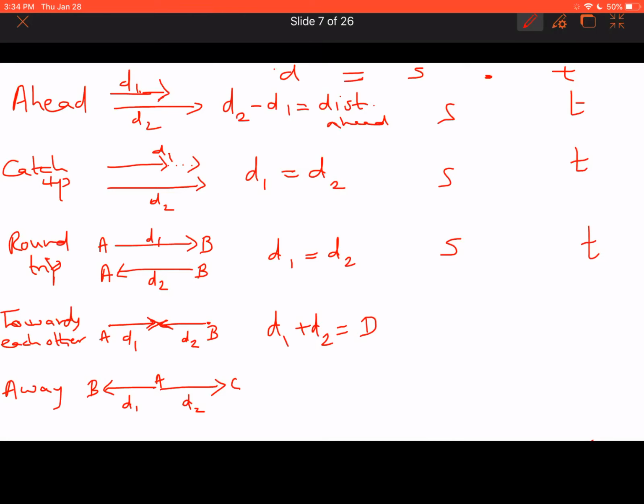Here in case of towards each other, the total distance between A and B is given by d1 plus d2, whereas when they are moving away from each other, then d1 plus d2 is going to give you the distance between B and C. The starting point is A, but they are moving in opposite directions, so they are going to get the distance between B and C.